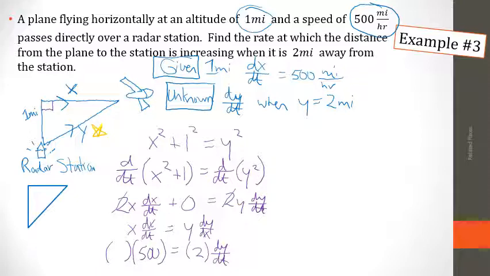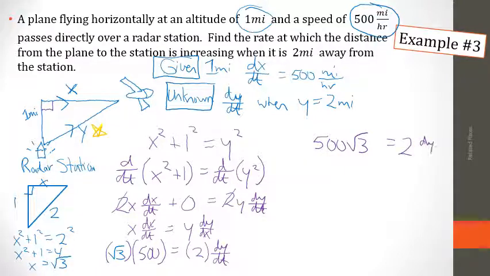So I've conveniently drawn another right triangle, and I need to know x, and I know y is 2, and I know this side is 1. So x squared plus 1 squared equals 2 squared. x squared plus 1 equals 4. So x equals the square root of 3. So then I can go over here and I get 500 square roots of 3 equals 2 dy dt.